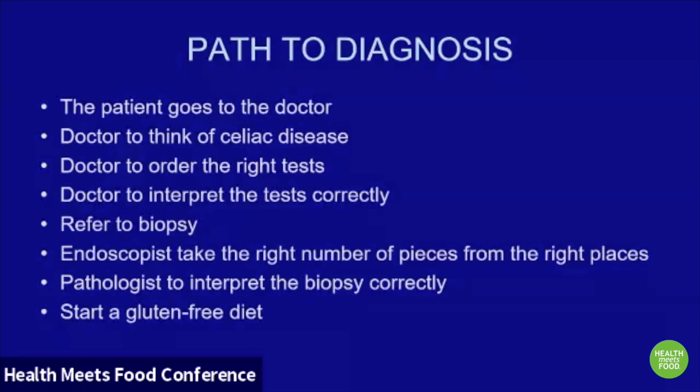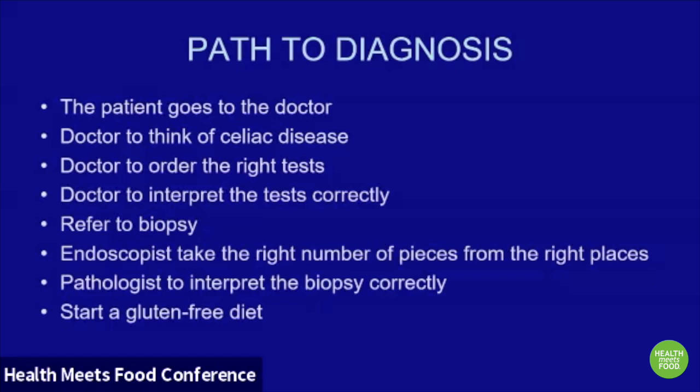The patient's got to go to the doctor. The doctor's got to think of it. He's got to order the right tests. He's got to be able to interpret the tests. If they're positive, refer for biopsy. The endoscopist has to take the right number of biopsies from the right places. The pathologist has to be able to interpret it. And then you get told you have celiac disease.